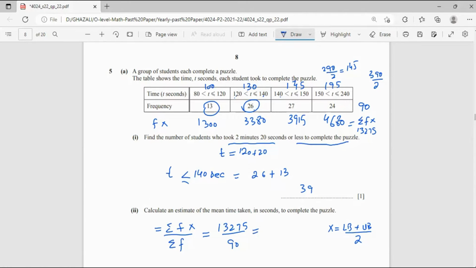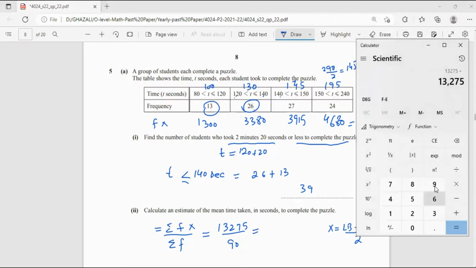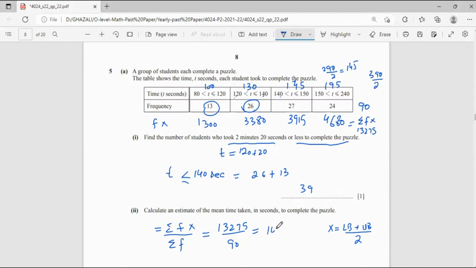Now divide it by 90. 147.5 is the mean value.